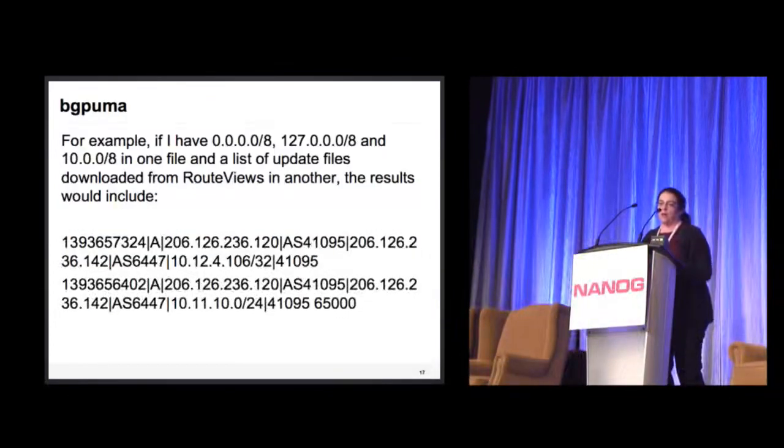For example, I occasionally look and see who's announcing private IP space, or non-routable, whatever you want to call it, and that's what I get out. It's basically the same output as BGPdump, just filtered down to the net blocks that I'm interested in. So on the first line, it found a /32 in 10. And the second one, it found a /24.